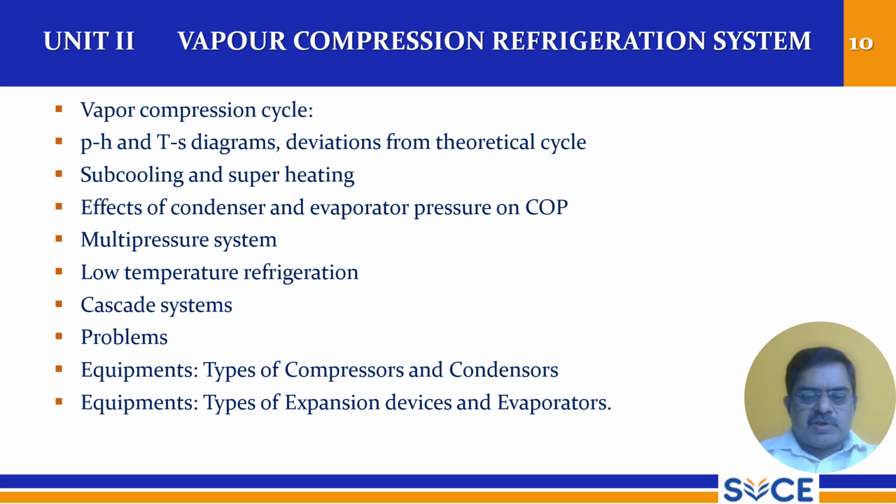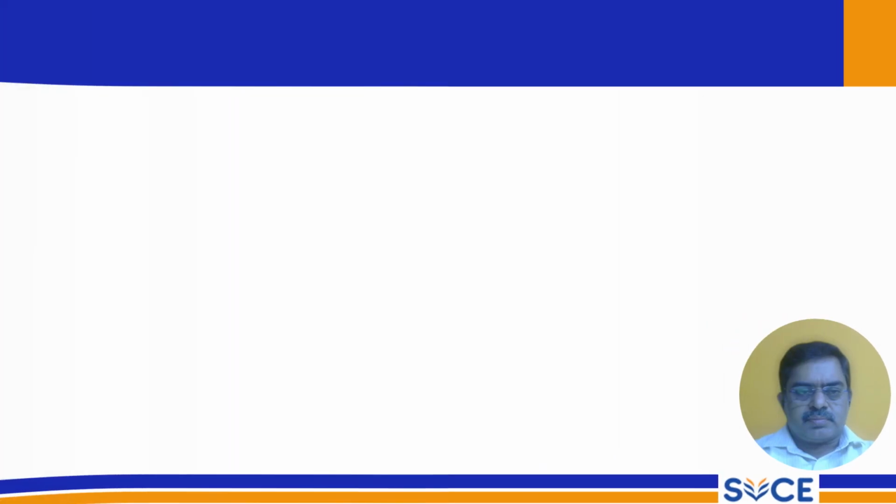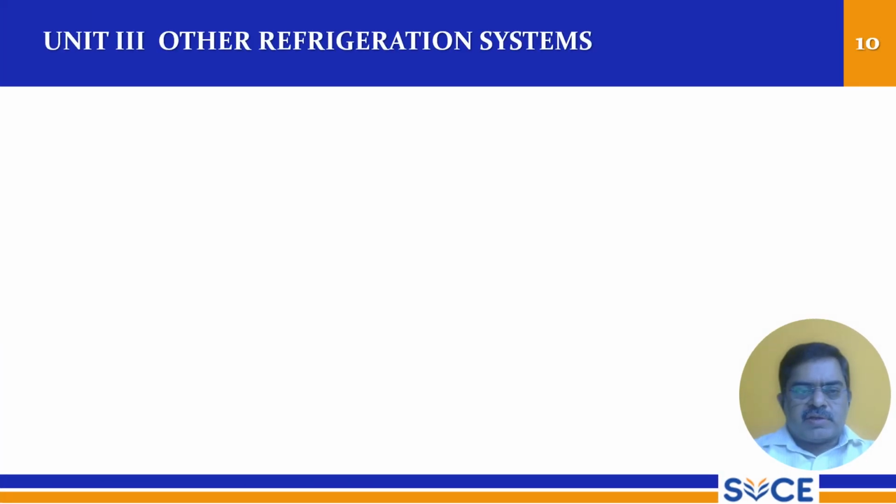As part of unit 3, other refrigeration systems. We have seen the vapor compression refrigeration system in unit 2, and then we are going to see other refrigeration systems that are in existence.